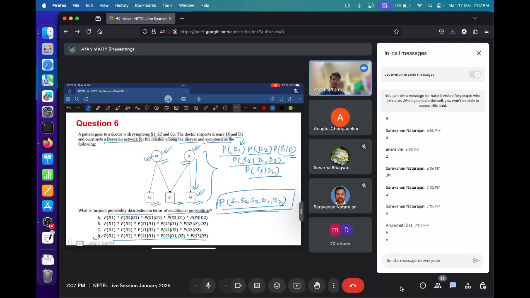It doesn't have any incoming edges, it only has outgoing edges. But S1, S2, S3 each have some incoming edges. That's why we have probability of S1 given D1, probability of S2 given D1 and D2, and so on.